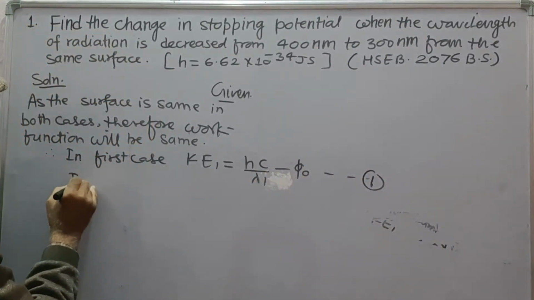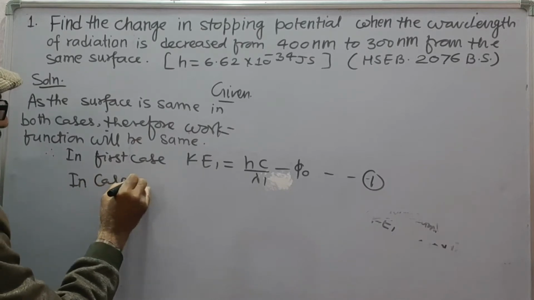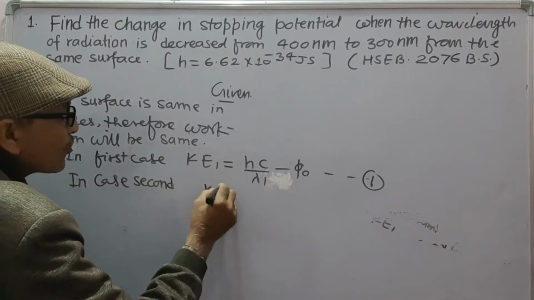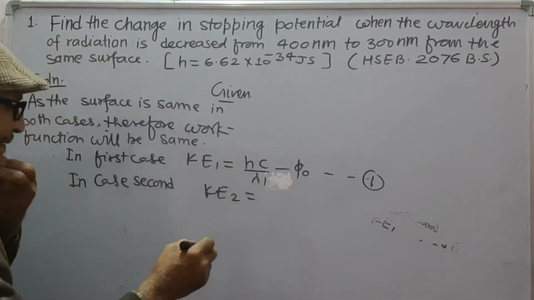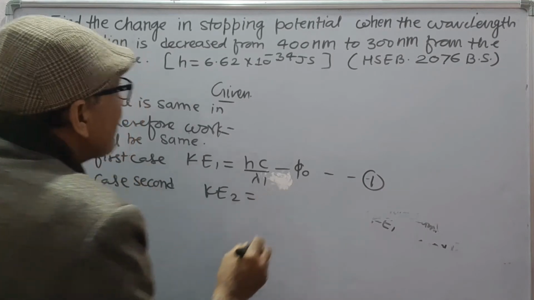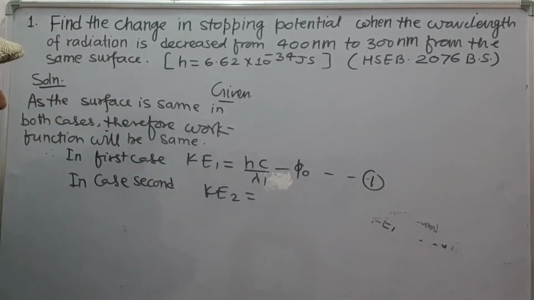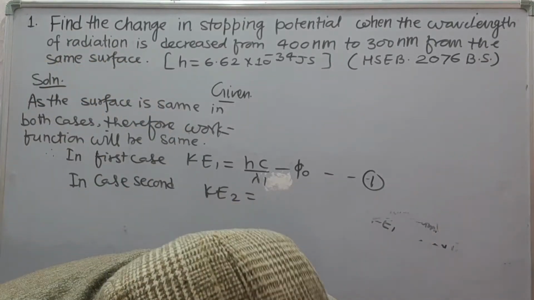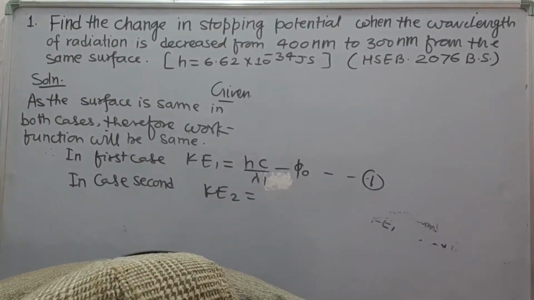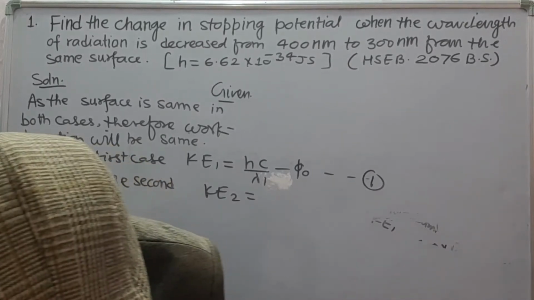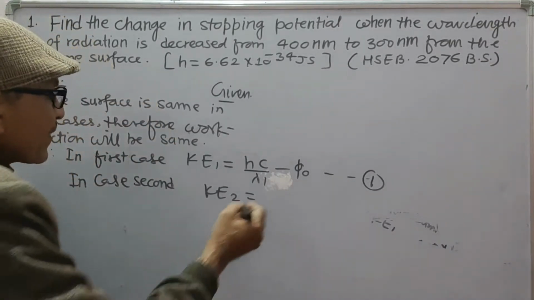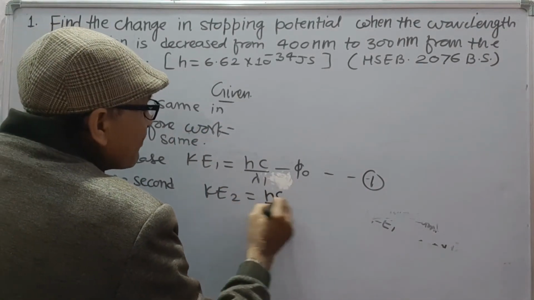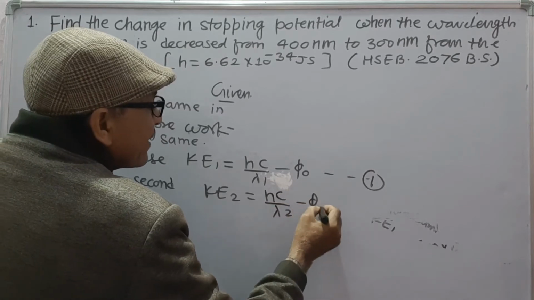And in case second, K2 will be equal to h c upon lambda 2 minus phi naught.